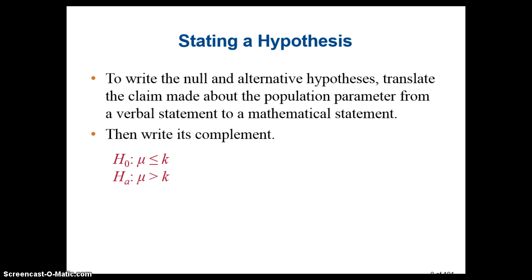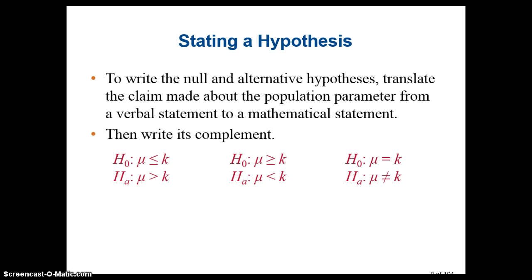Here are some examples. H0: mu is less than or equal to some value, and the HA statement: the population mean is greater than some value. Or it could be that H0 is greater than or equal to and HA is less than. Or it could be an equals, not equals situation. Whatever the one statement is, like if H0 is less than or equals, then HA has got to be the opposite of that.